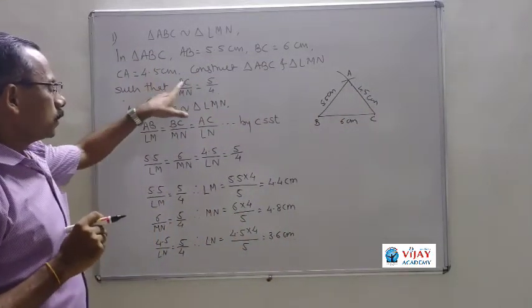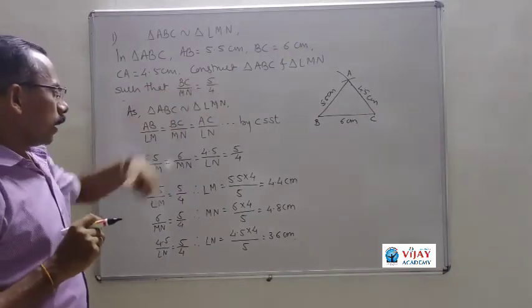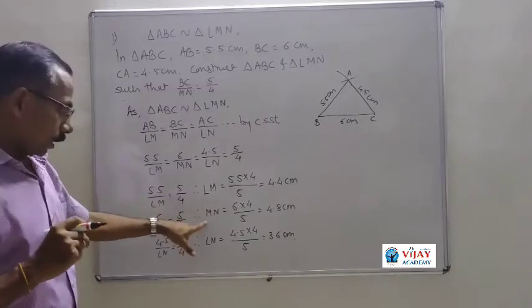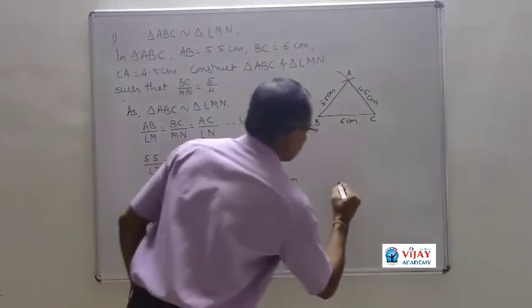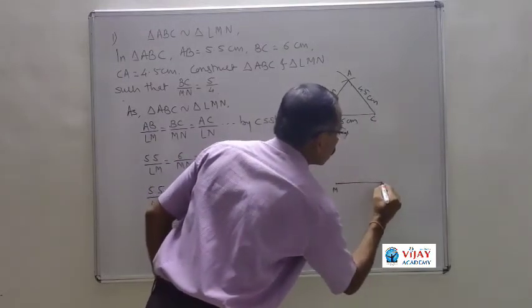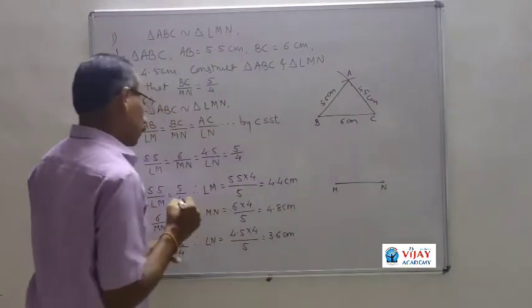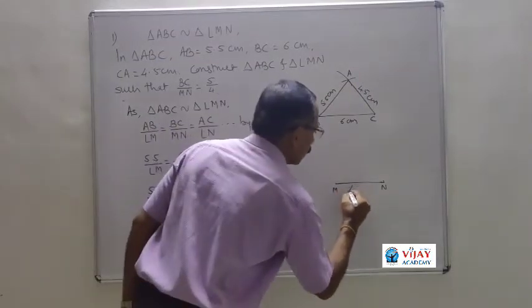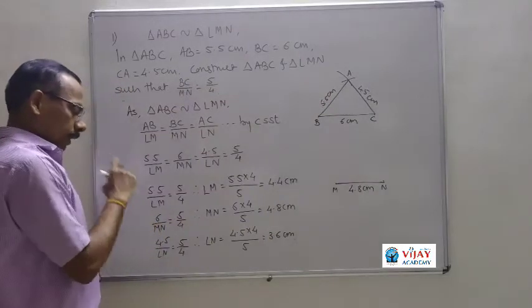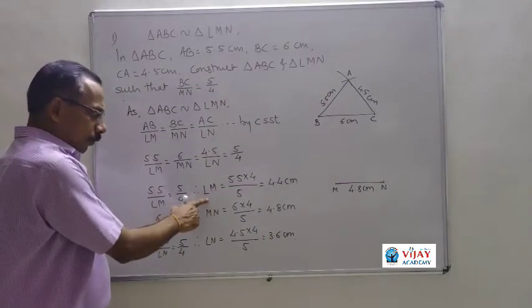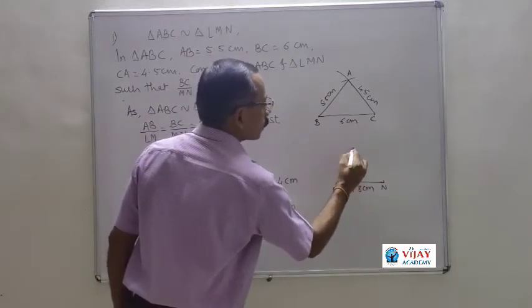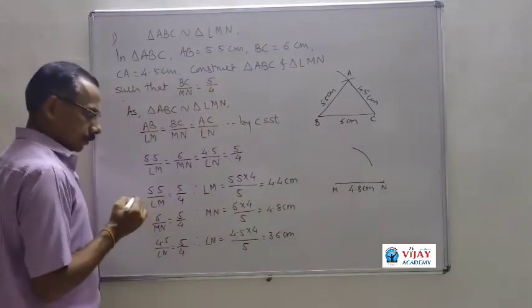Now the other one is to construct triangle LMN. For LMN, take MN as the base, 4.8 centimeter. Then taking LM as 4.4 centimeter, draw an arc. This way we get the first arc.